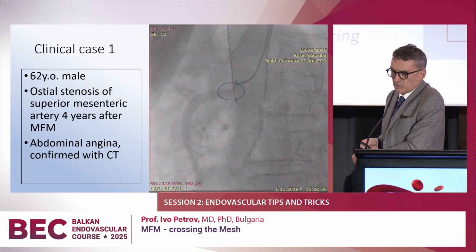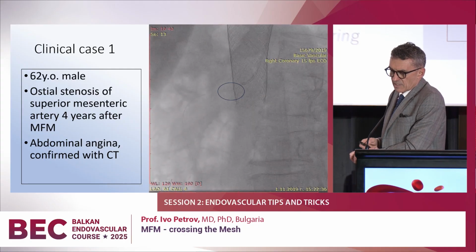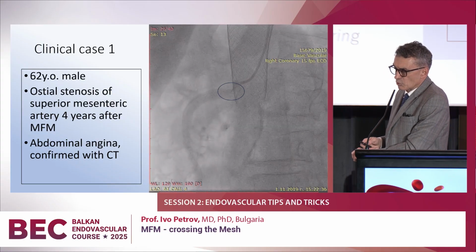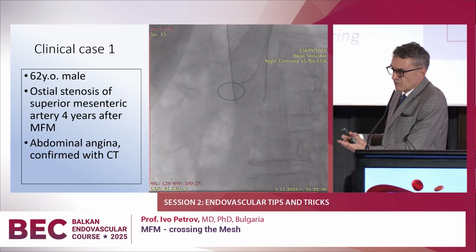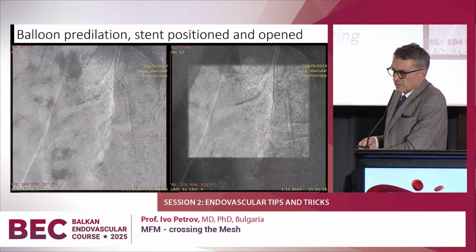This is a 62-year-old male with osteostenosis of the superior mesenteric artery 4 years after the MFM implantation, with abdominal angina, with not very good communication in the rheolan anastomosis between the celiac trunk and the mesenteric.